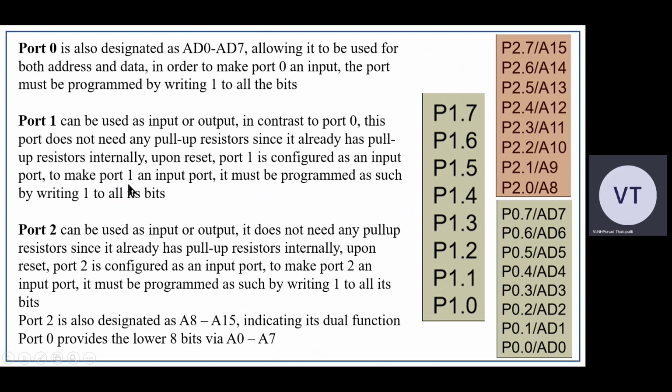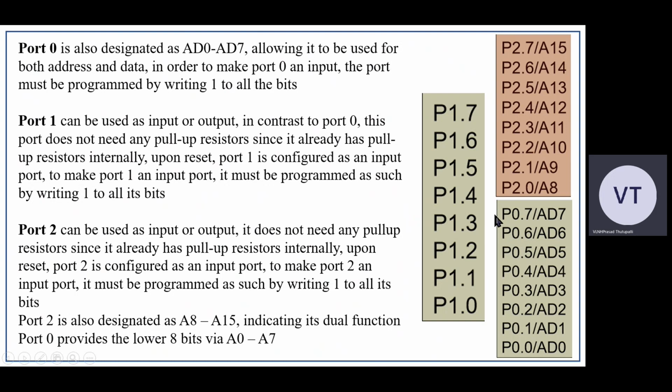And to make port 1 an open port or input port, it must be programmed as such by writing 1 to all the bits. Means you have to make P1.0 equal to 1, P1.1 equal to 1, P1.2 equal to 1, P1.3, 4, 5, 6 all equal to 1. Then only that entire port works like input port.